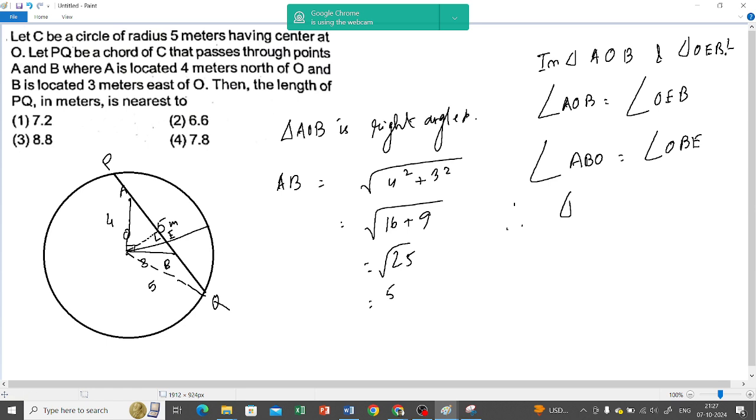Therefore triangle, তাহলে কি হচ্ছে, এই অ্যাঙ্গেলটা কমন আর এটা হচ্ছে 90, তাহলে দেখো ট্রায়াঙ্গেল AOB is similar to triangle... না এটা তো এটা না, corresponding side এটা বার করার চেষ্টা করছি.